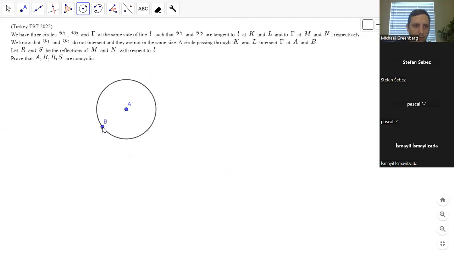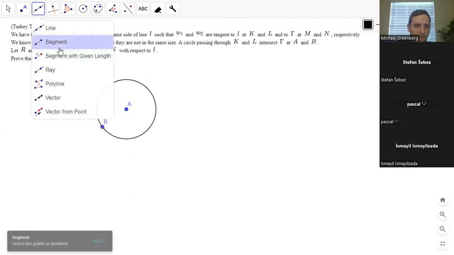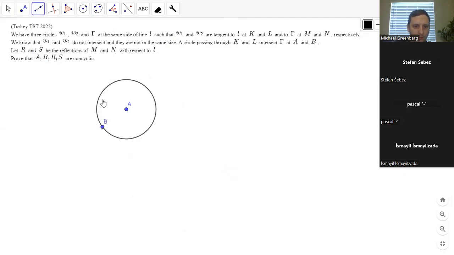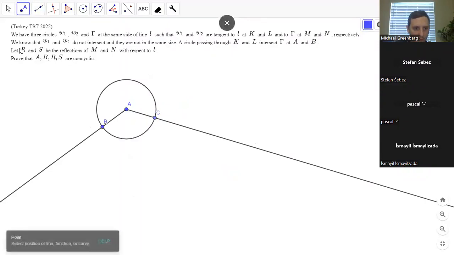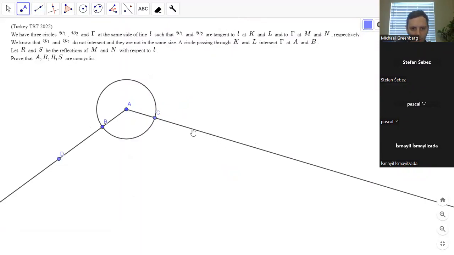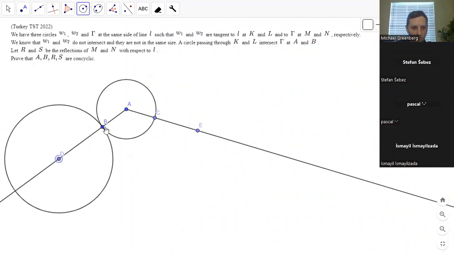So we have this circle, and two other circles. Let me draw the tangent line.